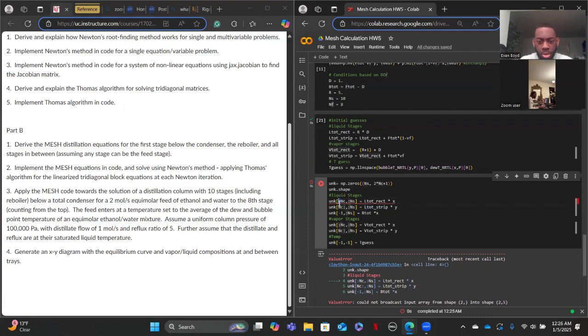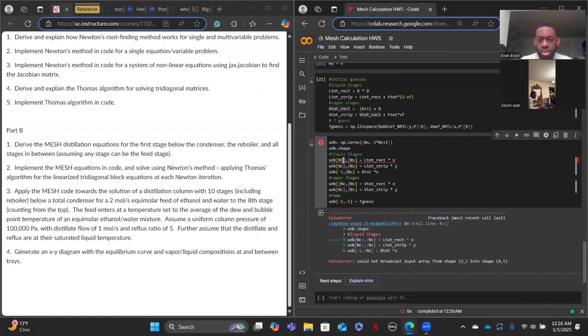Did I do this wrong? Let me switch these out. You see, it was just NC because I guess it's the first two. Cannot broadcast 2 to a shape of 5, 2. I got issues with this. I thought this was correct.